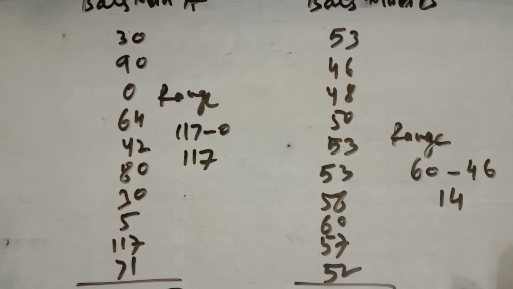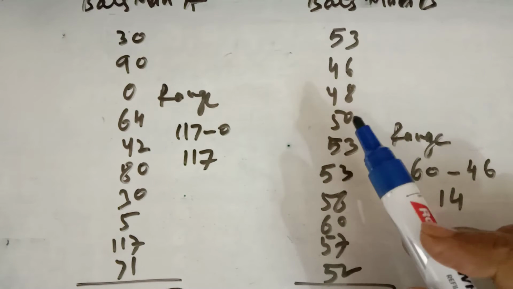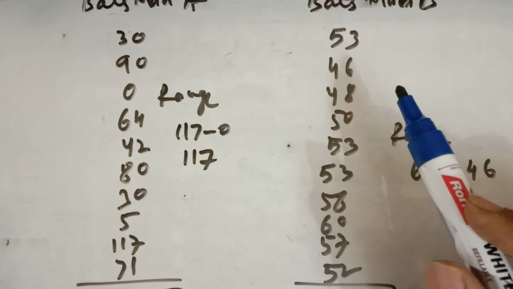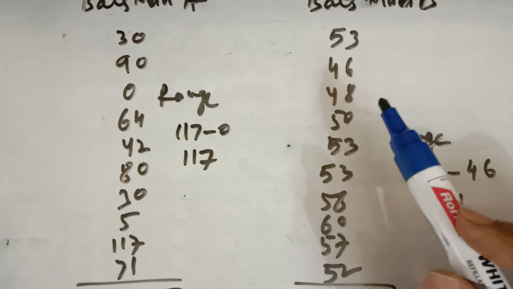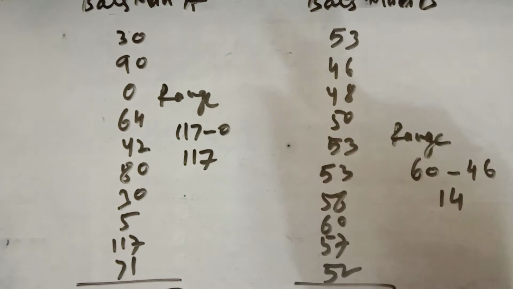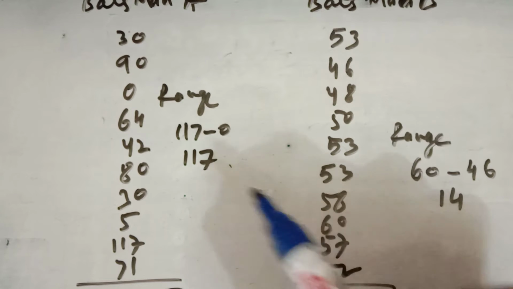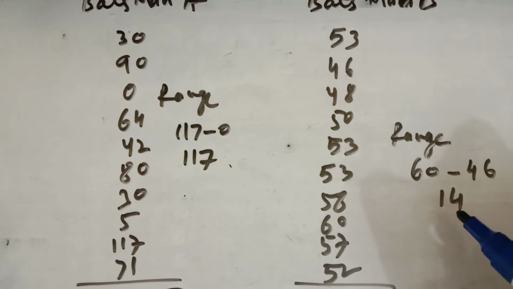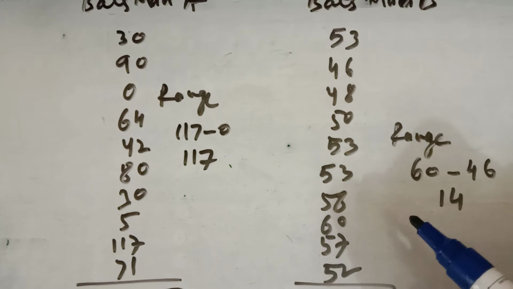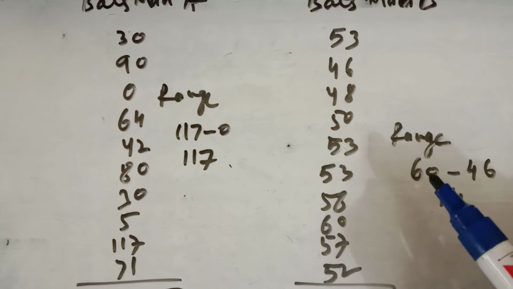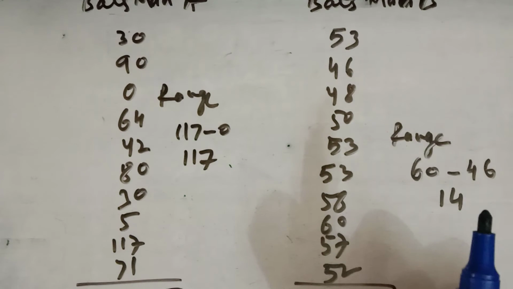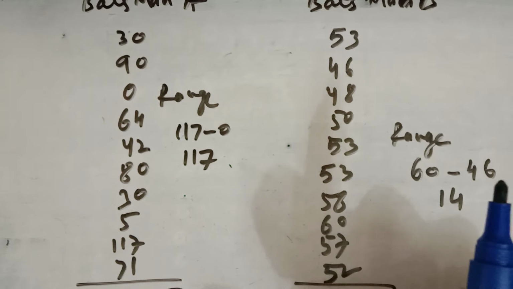Now here we'll discuss dispersion. Dispersion, or scatter in data, is measured on the basis of the types of central tendencies, that is the mean and median. Now range, as I already discussed, the range of batsman A is more than the range of the score made by batsman B. So dispersion is the deviation of the observations from a central tendency, known as the mean deviation and the standard deviation.